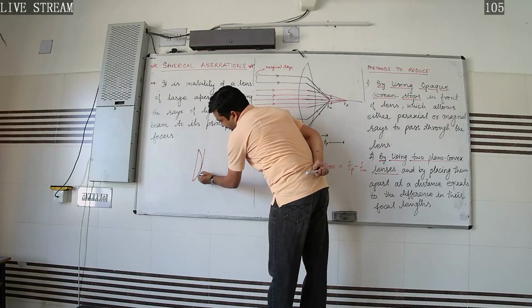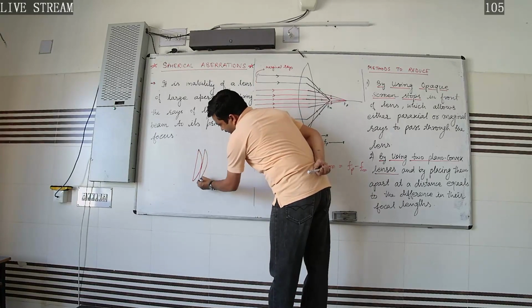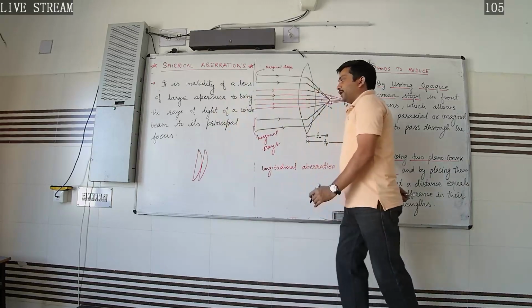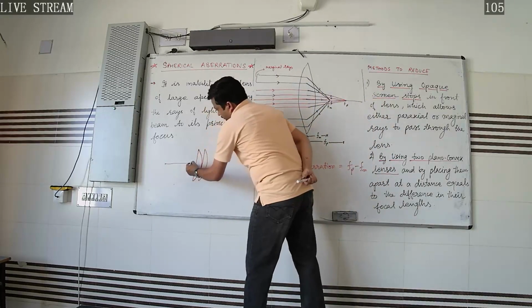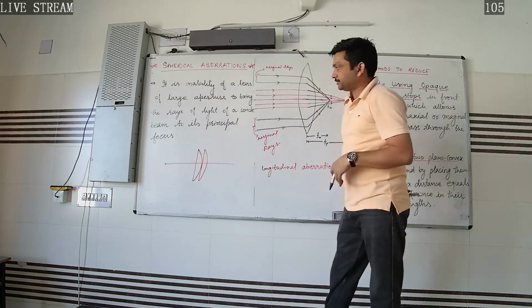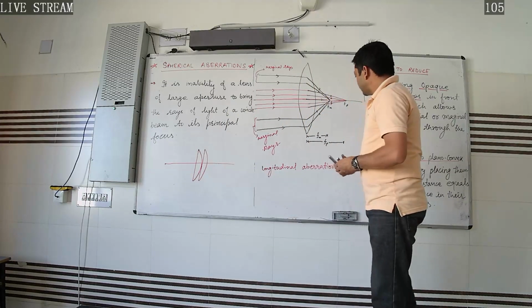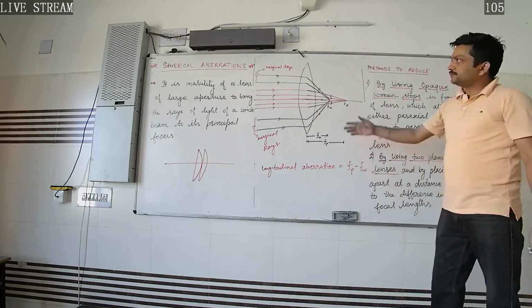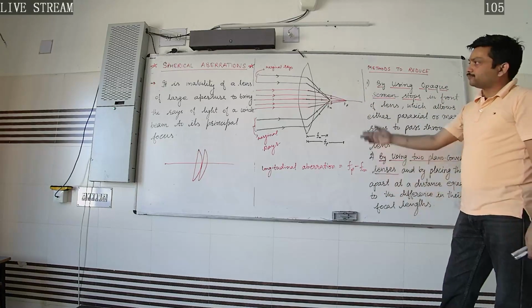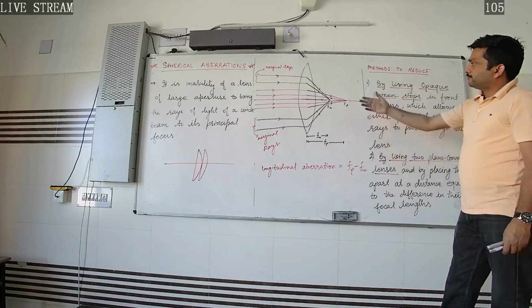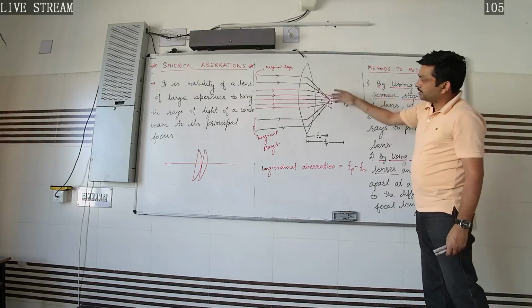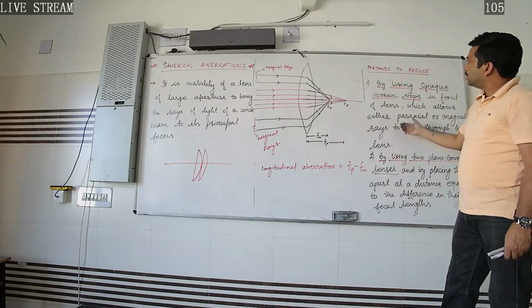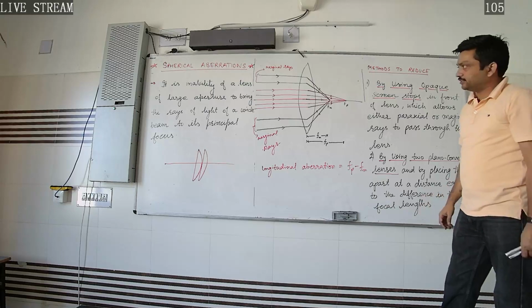Plano-convex lenses in this way, placed so that their curved faces lie along the same direction. So this will be the third method, but here the two methods are sufficient. The question is asked carrying 2 marks: 1 mark for the definition and elaboration, and 1 mark for the method to reduce the spherical aberration.